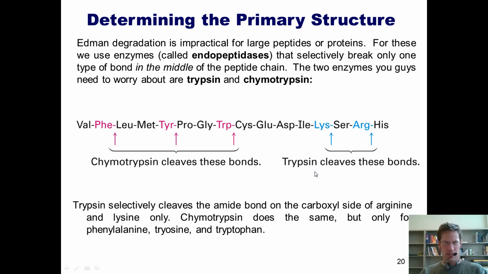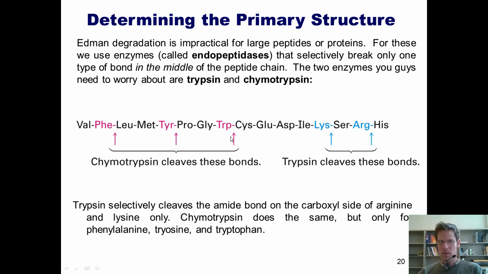So, trypsin selectively cleaves the amide bond on the carbonyl side, or on the right side, of these amino acids, lysine and arginine. Chymotrypsin does the same thing, except it only does it to the right side of phenylalanine, tyrosine, and tryptophan.